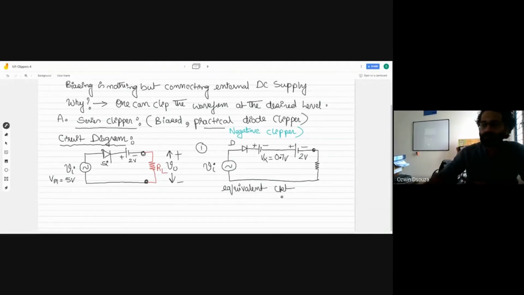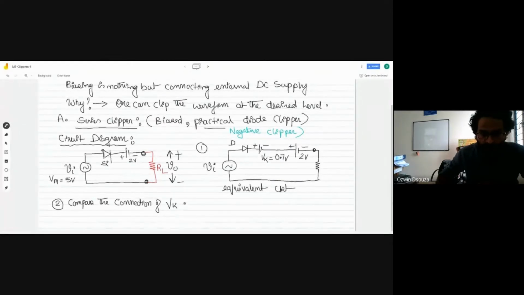Fine. So in step 1, we have drawn the equivalent circuit. Now, once you have drawn the equivalent circuit, in step 2, what you can do is compare the connection of Vk and Vr, where Vr is your DC supply.